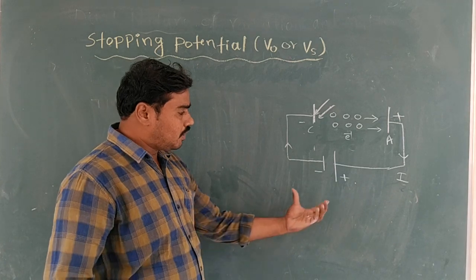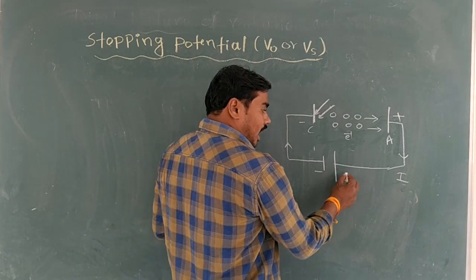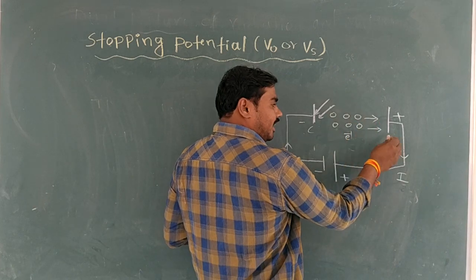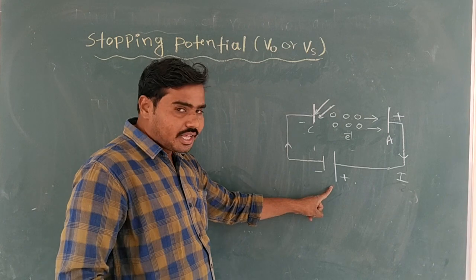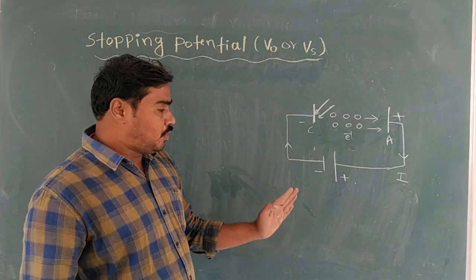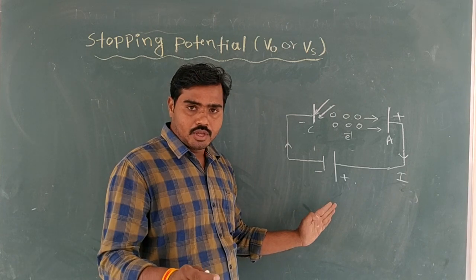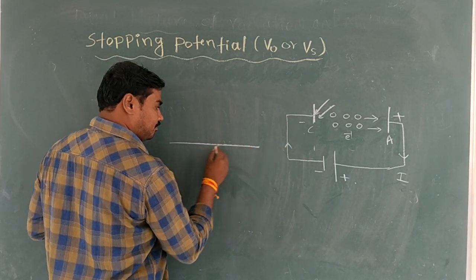Then when you increase the potential from the battery, at that time the photoelectric current also increases. Potential increases, photoelectric current also increases up to a certain range.